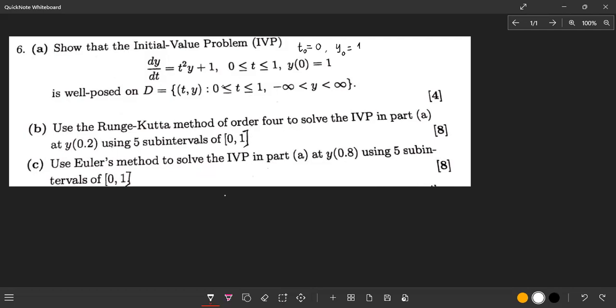So the first method, if you are given the first order differential equation, dy over dt, which is given as f of t comma y, then the function f of t comma y is well posed on a given interval if the following condition is met.